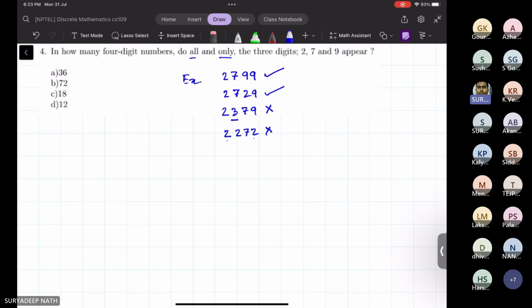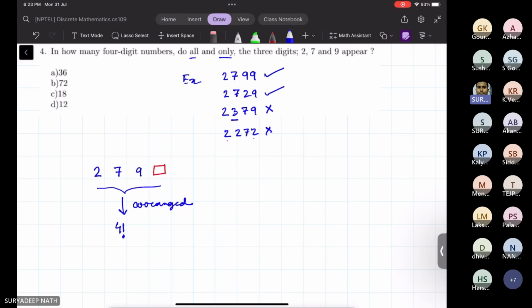So how can we do that? Before solving this problem, let us try it like this. We have 2, 7, 9, and we keep a placeholder for the extra digit. In how many ways can this be arranged? You have 4 digits, so it is basically 4 factorial ways you can arrange them.